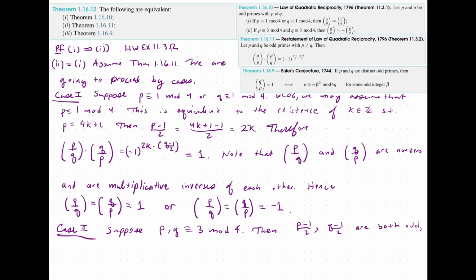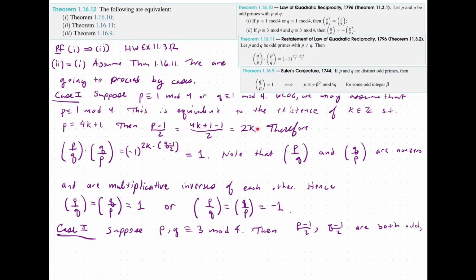I'm skipping a detail here, but the way we can see this is, because they're both congruent to 3 mod 4, when we write it in the form that we did over here, we had 4k plus 1 for congruent to 1. Now it's going to be 4k plus 3. Then this will be (4k plus 3 minus 1) over 2, which is (4k plus 2) over 2, which upon simplifying will be 2k plus 1.